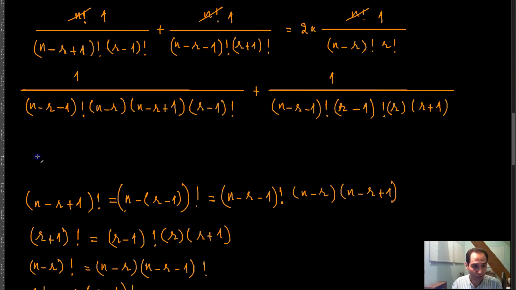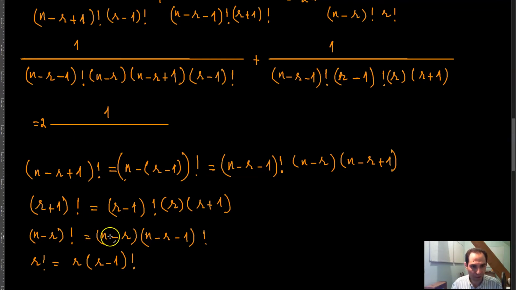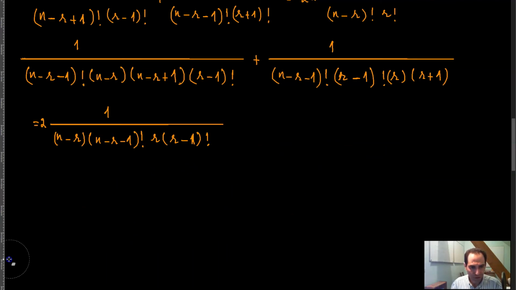And this fraction over here, I write it as 1 over, so we have n minus r factorial, which we can write as n minus r times n minus r minus 1 factorial, and r factorial we can write as r times r minus 1 factorial. And so that way we have now rewritten all of the fractions.